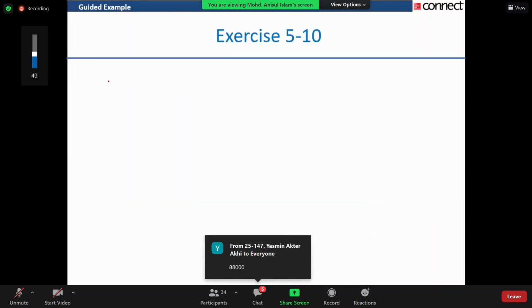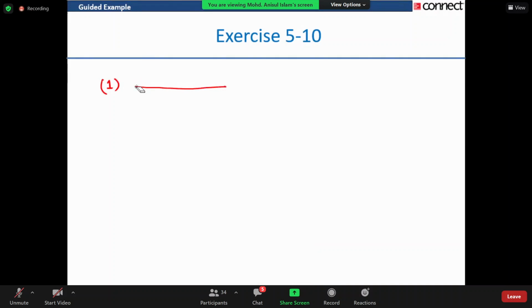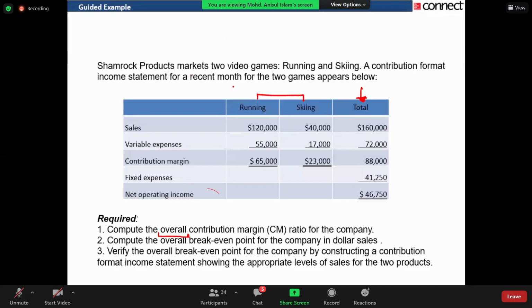Okay, so let's take this screen. For the first requirement, we need the contribution margin ratio. We can find it this way. Contribution margin ratio should be equal to the overall contribution, which you have identified as 88,000, expressed in terms of the sales.